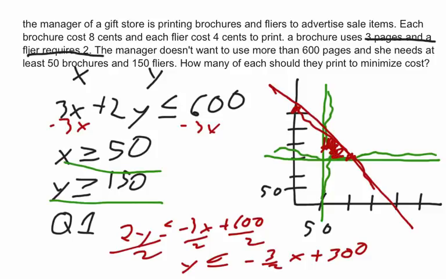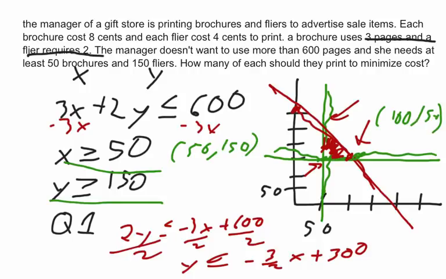So in order to figure out these points, I need to figure out where these all intersect. Well, this first point down here happens at 50, 150. This point over here turned out to be 100, 150.